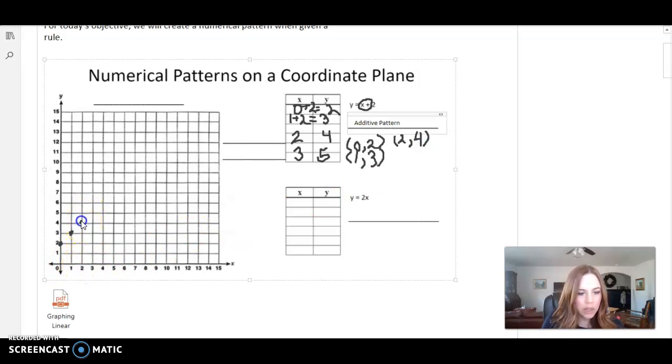So my dot is right there. And then my last one is 3, 5. Do you see a pattern happening with our dots? They're all in a line, aren't they? Let's see if 3, 5 is also in the line. Start with the origin, go over 3, and go up 5. Look, they're all in a nice line.